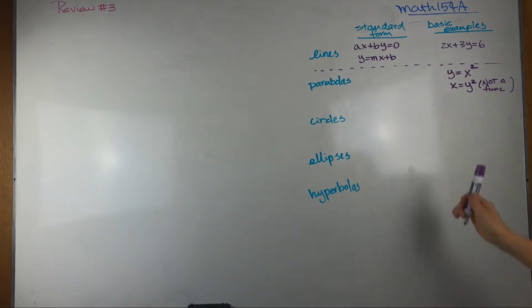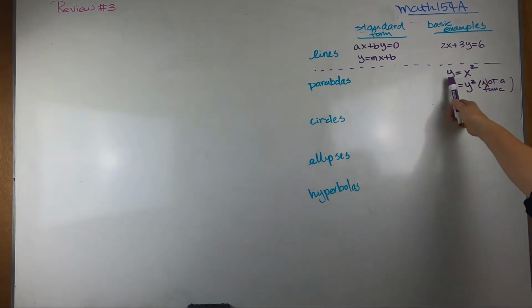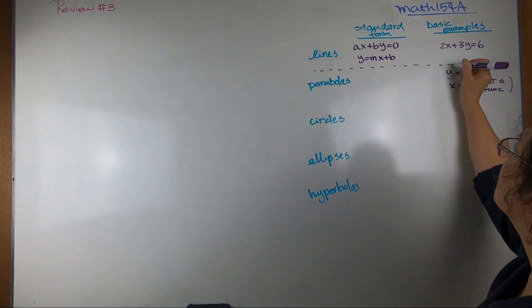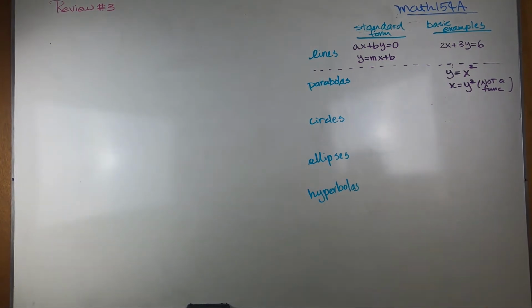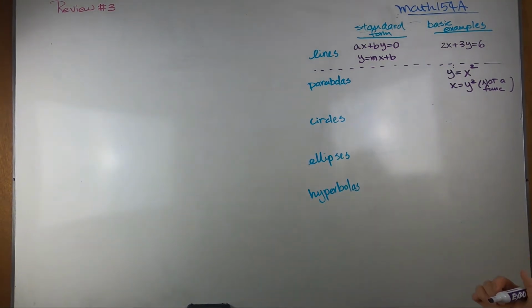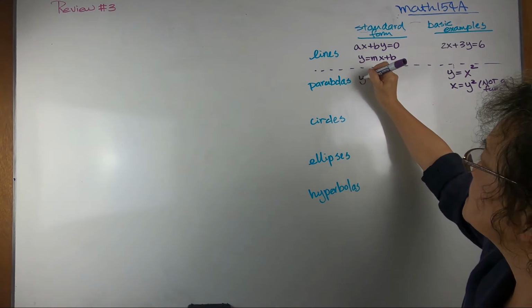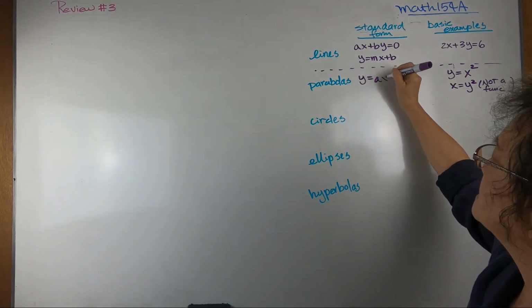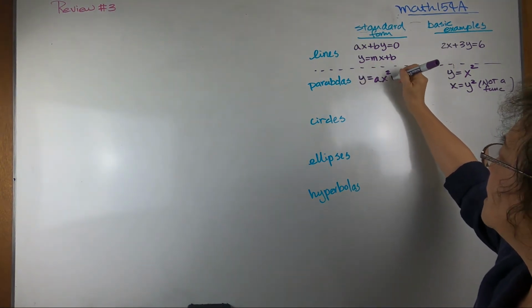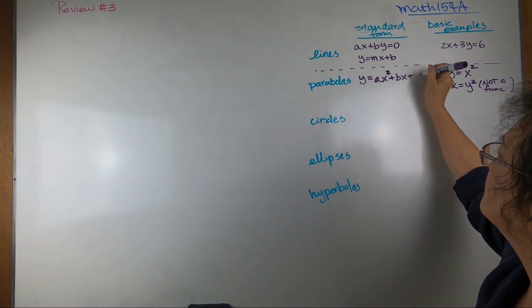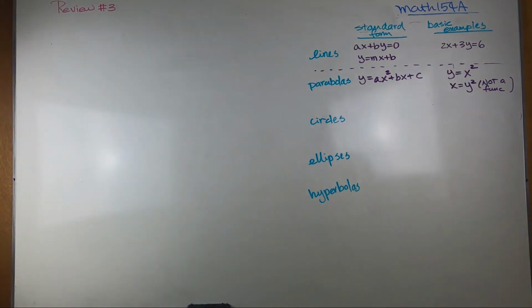That's the basic one. X is squared, y is linear, right? So when we graph it, we can use the standard form, which is what? X is the second power, right? Of course, a is not equal to 0, right?